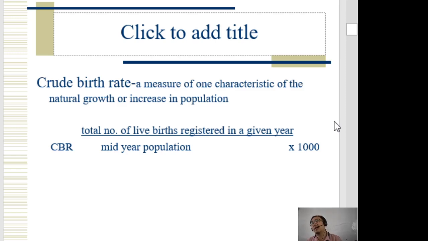Okay, so ibig sabihin, the more accurate the registry is, the more accurate also the crude birth rate.